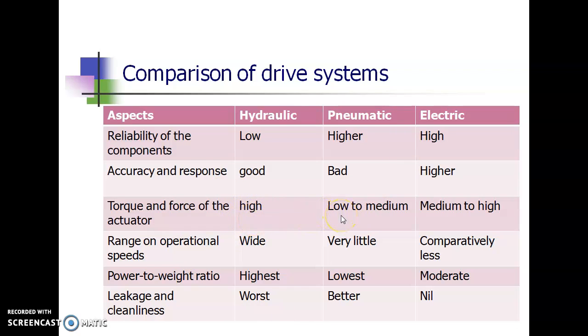For pneumatic, the pressure is limited, so it is only low to medium. And the electric is medium to high. So we can place electric in the middle: pneumatic is low, electric is medium, and hydraulic is high. So the torque or force developed by an electrical drive is lesser than the hydraulic drive systems, but it is better than the pneumatic drive systems.